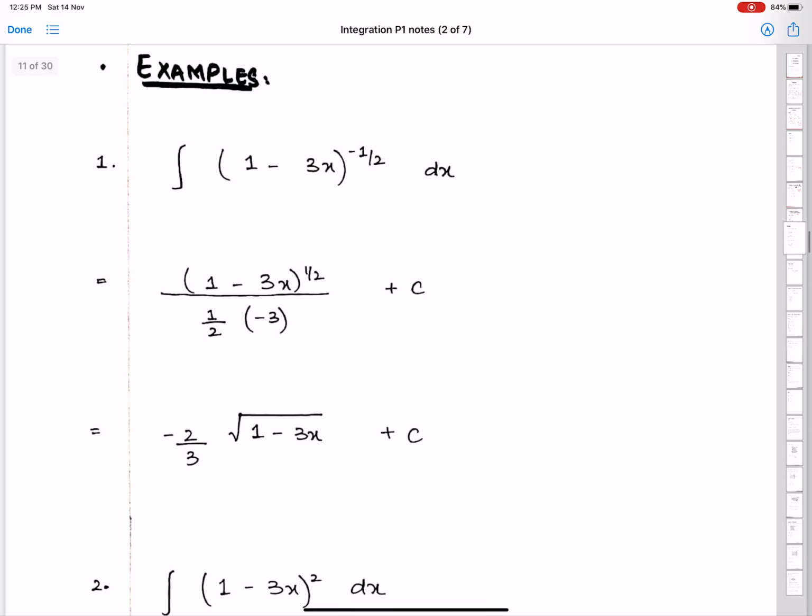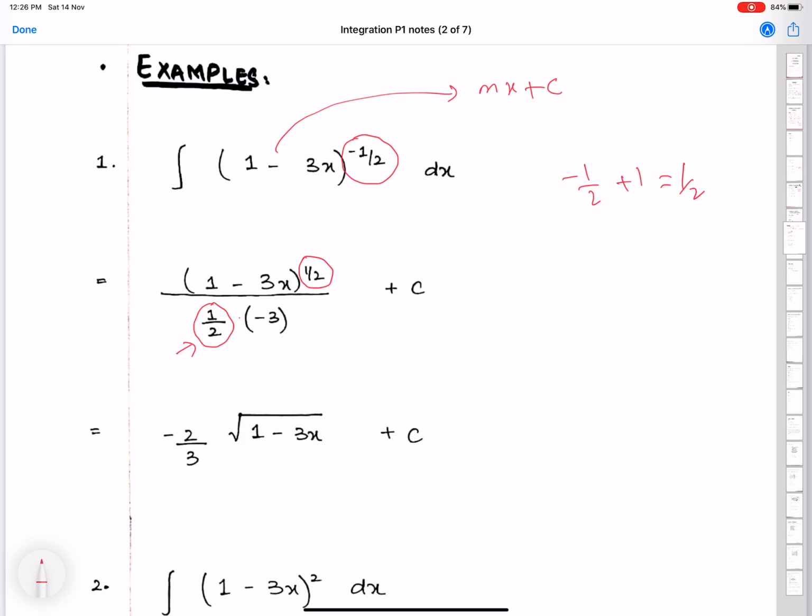Now this is the linear algebraic function. This is of this type, mx plus c. So we can easily integrate this function by adding 1 in power. So when you add 1 in power, it will become positive half. And you need to divide the function by the resultant power, because the resultant power is half, so I divided this by half.